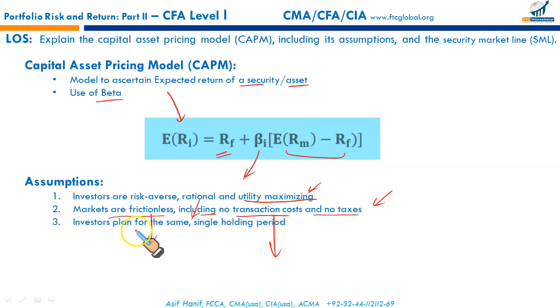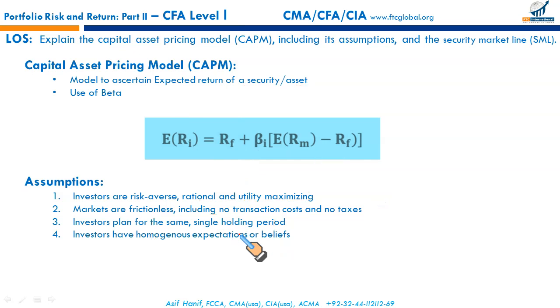So if investors plan for the same single holding period, all investors, still we assume that the CAPM will hold. It will not severely limit the applicability of CAPM. Then investors have homogeneous expectations or beliefs. A questionable assumption, but nonetheless that is needed. Asset valuations are identical and the same optimal portfolio of risky assets is generated.